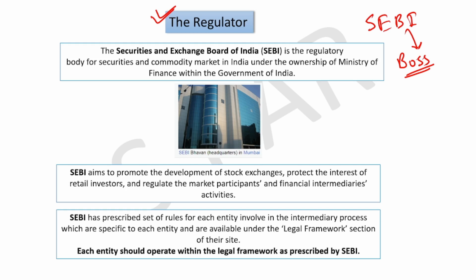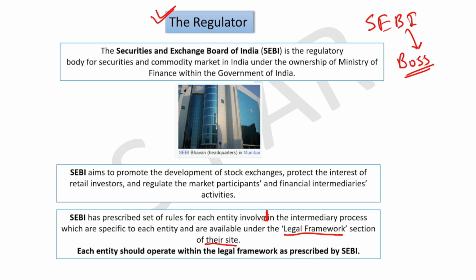So SEBI has prescribed a set of rules for each entity that should be involved in the intermediary process, which are specific to each entity and are available under the legal framework section of their website.